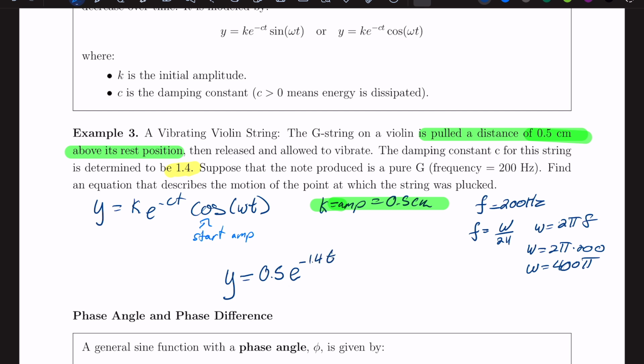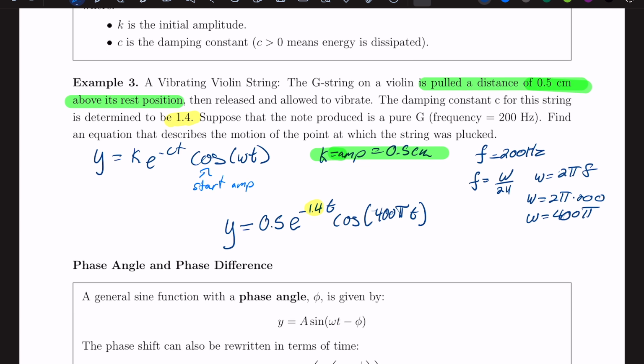That's just given to us in the problem. Notice right here, 1.4. We have our cosine, because we started at our amplitude. And then we have our omega, in this case, 400 pi t. And so that string vibrates very, very quickly.